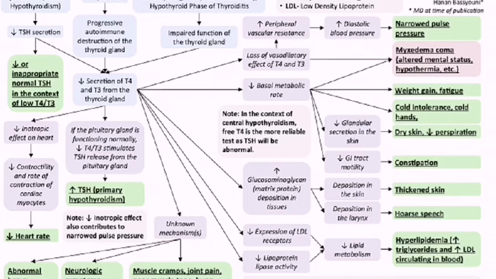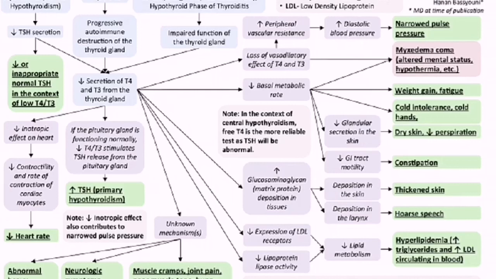We also decrease glandular secretion in the skin, which may cause dry skin and decreased perspiration. We decrease GI motility, which causes constipation. We increase glycosaminoglycans, a matrix protein deposited in the tissues, in the skin and in the larynx, which may cause thickened skin and hoarse speech.